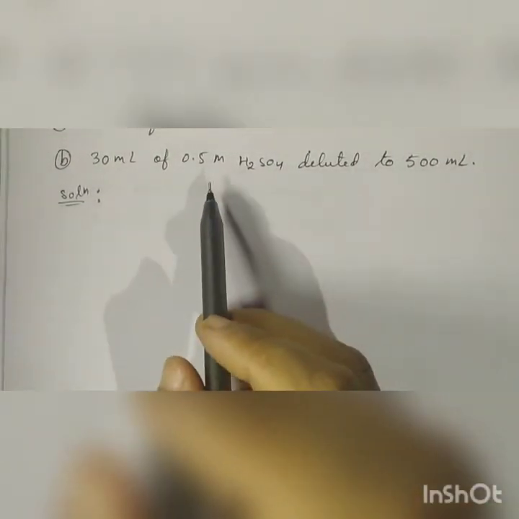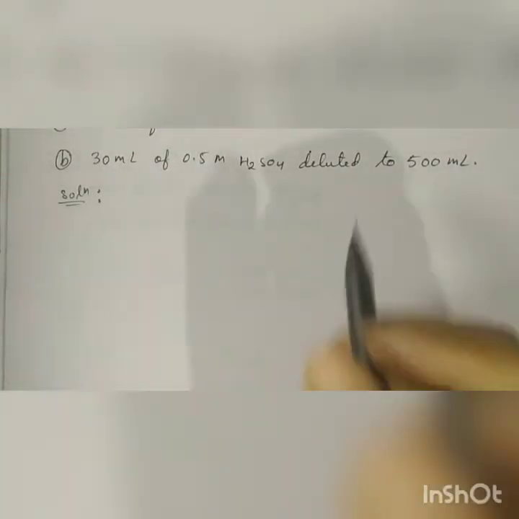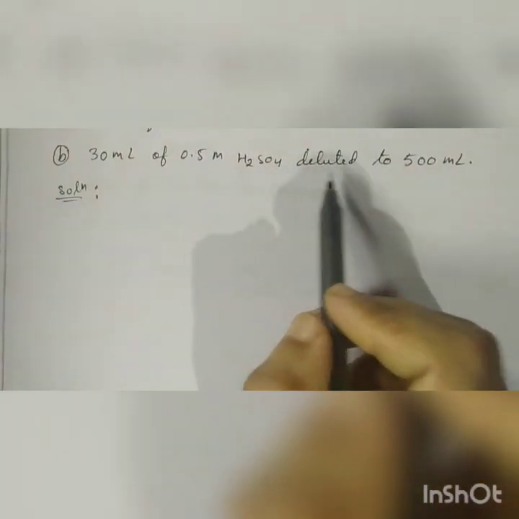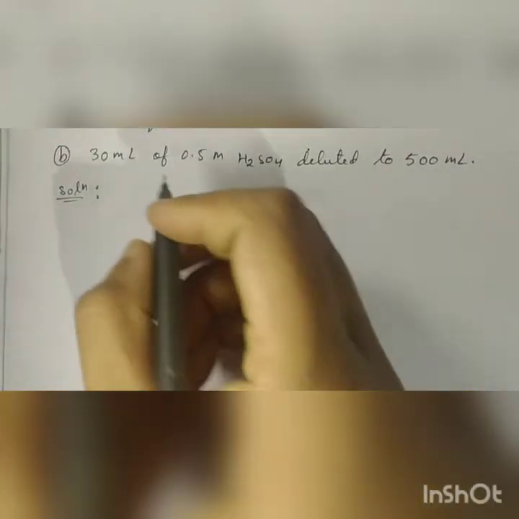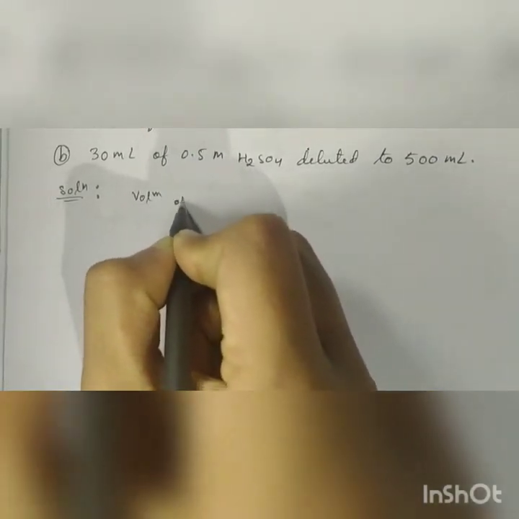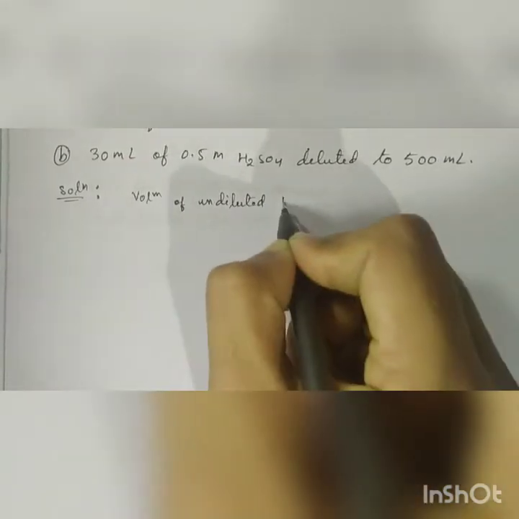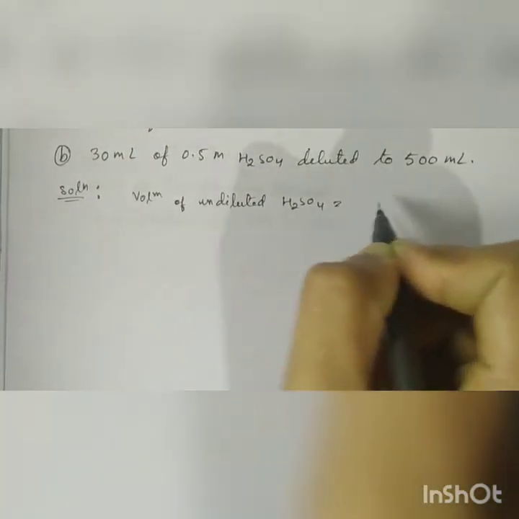The next one is 30 ml of 0.5 molar sulfuric acid diluted to 500 ml. So we have to calculate the molarity of the diluted H2SO4. Here first of all, the volume of undiluted H2SO4 is given as 30 ml.